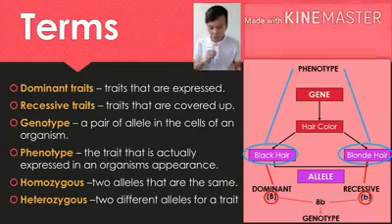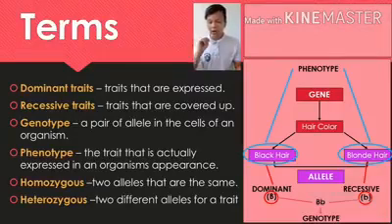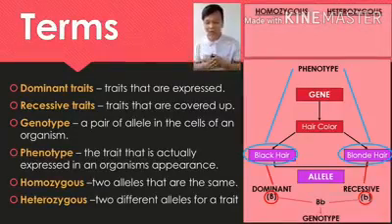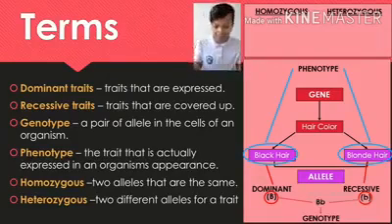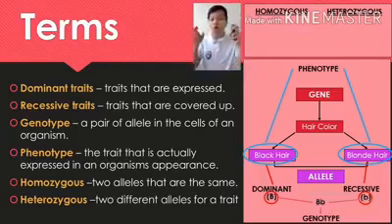Now, homozygous and heterozygous. These two are actually very different from one another, and it's easy to classify them. Whenever we say homozygous, these are two alleles that are the same. From the word itself, homo, therefore there's only one type of allele.